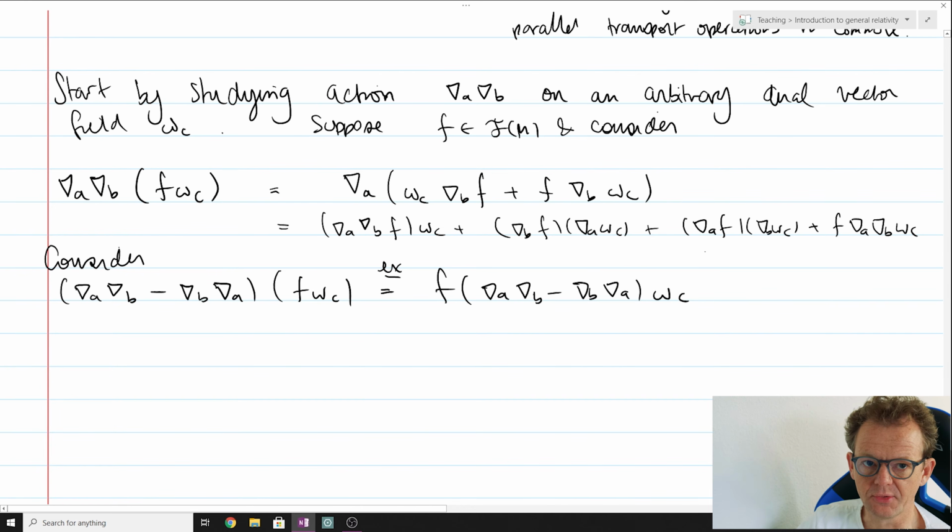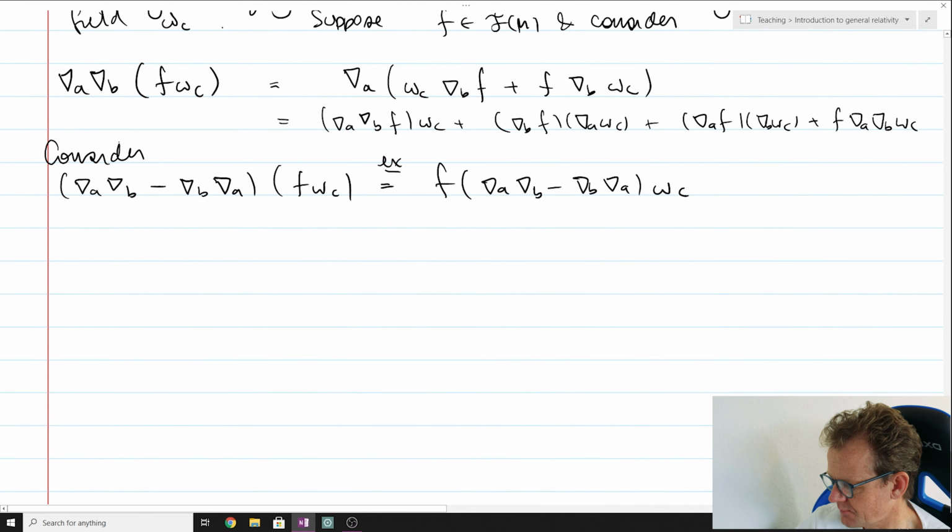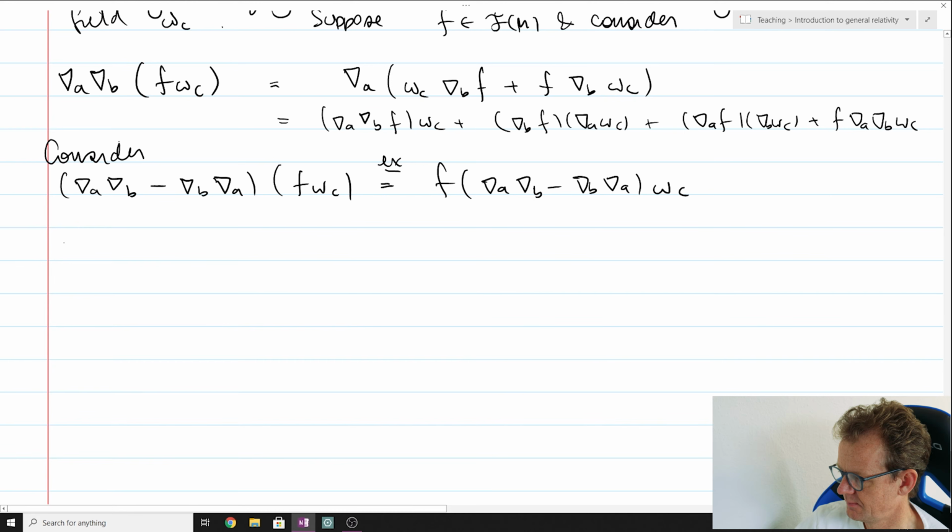But we've seen this kind of structure before. When we were talking about derivative operators, we considered their actions on scalar functions multiplied by dual vector fields, and we saw that the action of a derivative operator commutes with a scalar function f, and then we applied an intermediate mean value type argument to show that delta A omega B depends only on the value of the dual vector field at the point P under consideration.